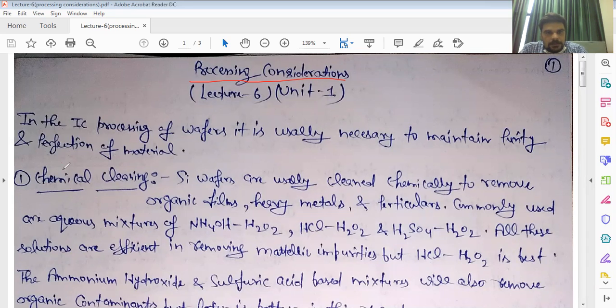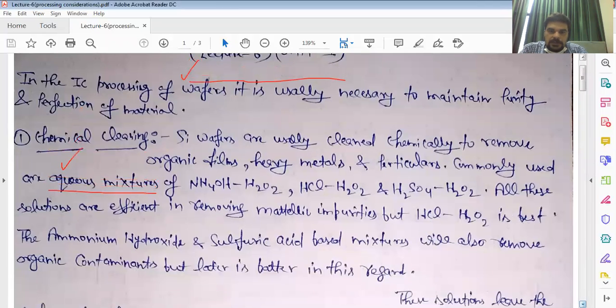So in processing considerations, first thing that comes is chemical cleaning. Silicon wafers are chemically cleaned to remove organic films, heavy metals, and some particulate materials as well.